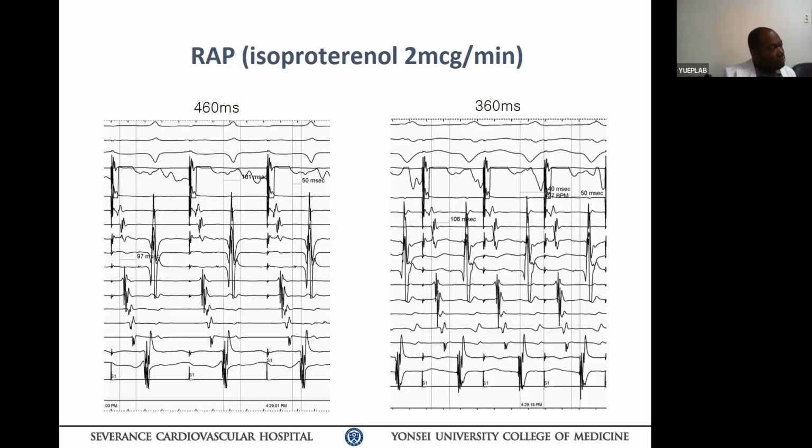That's one lesson. And the other one I learned for the first time: it's a very useful technique to differentiate aberration from pre-excitation. If you measure the CS local far-field V interval, and it is a left bundle branch block pattern or aberration, it is prolonged. It's a very useful technique, and I appreciate it.